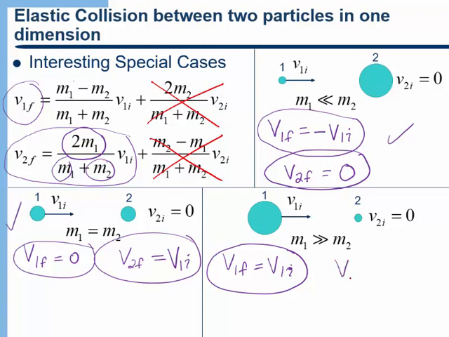And what we find is the little object will have a final velocity equal to twice the initial velocity of object 1. And that's the one that I find really interesting. A really big object hits a tiny object, and the tiny object will go off with twice the velocity of the object that hit it. And I definitely wouldn't have predicted that on my own.